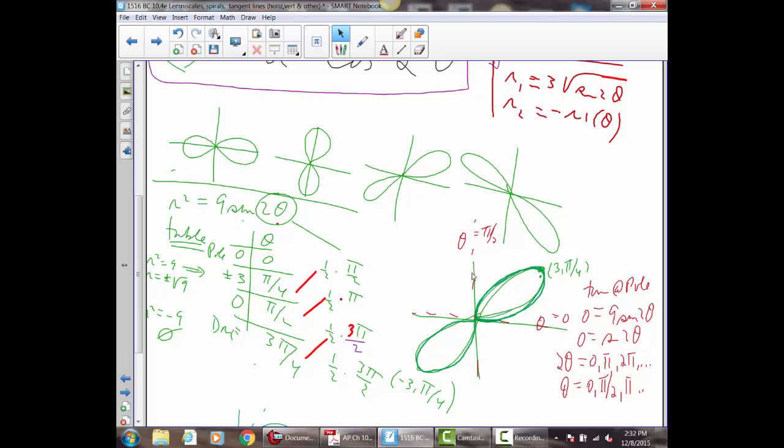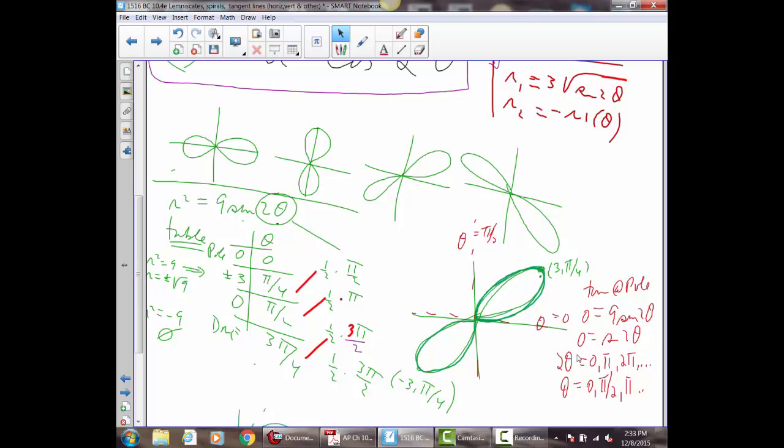Now, as far as how fat or skinny each of these loops or petals are, if you want to call them petals, we could find the tangents at the pole. So if you remember, we take our equation, we replace r by 0, and we solve. Now, in this particular case, we get sine of 2 theta equals 0, because we divide both sides by 9. And when is the sine equal to 0?